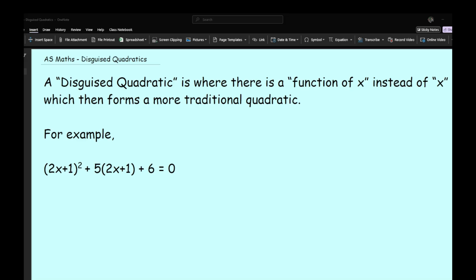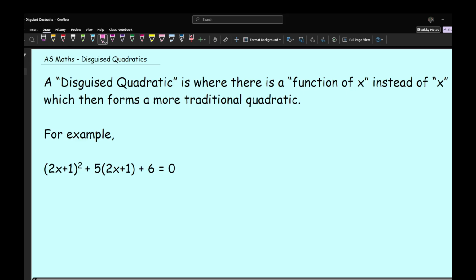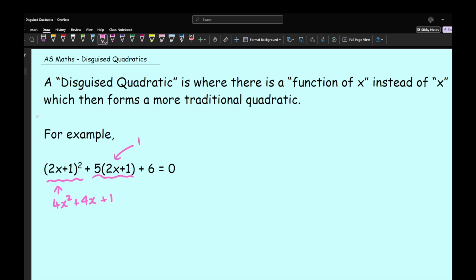6 = 0, then what most students would do is they would see this and they would probably expand this out, in which we would get 4x² + 4x + 1. They would then go on and expand this, which would give us 10x + 5, and we've got our plus 6.